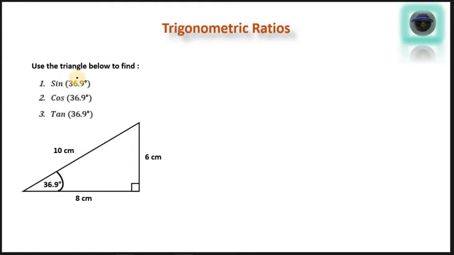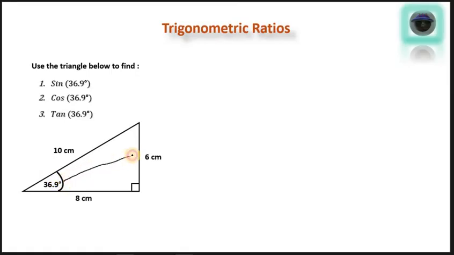Use the triangle below to find the sine of 36.9 degrees, cosine of the same angle, tangent of that same angle. So we're given the three sides, and we have the acute angle 36.9 degrees.